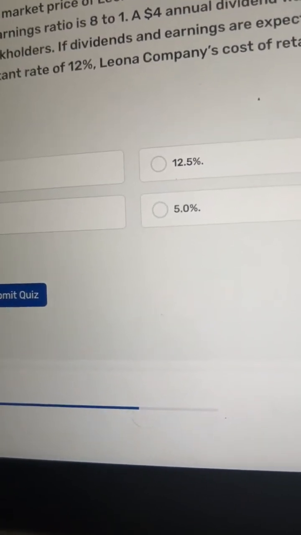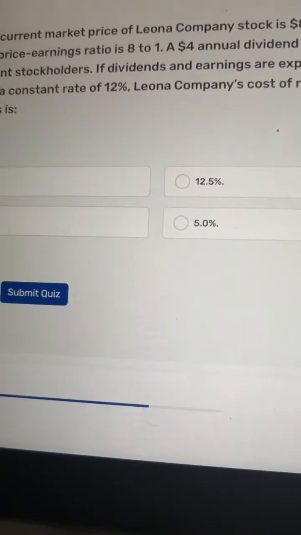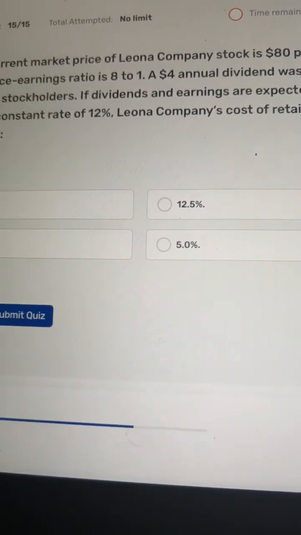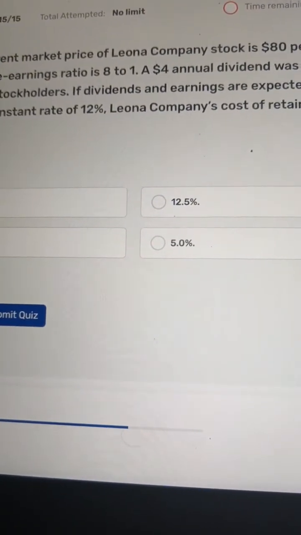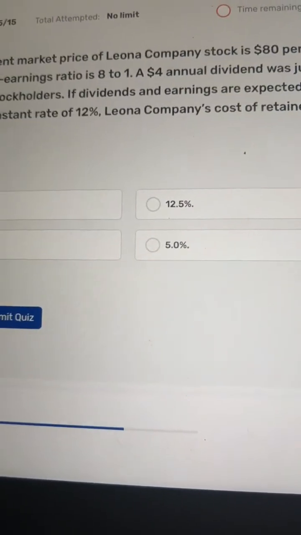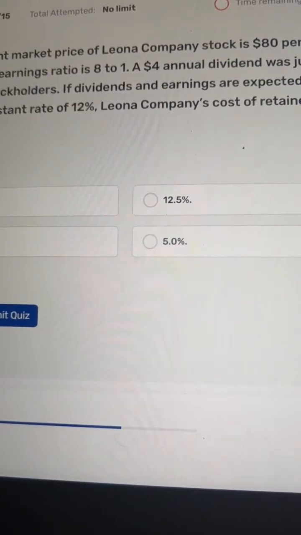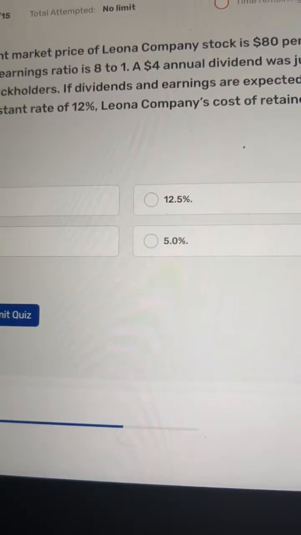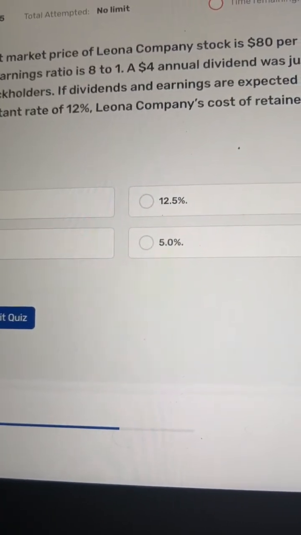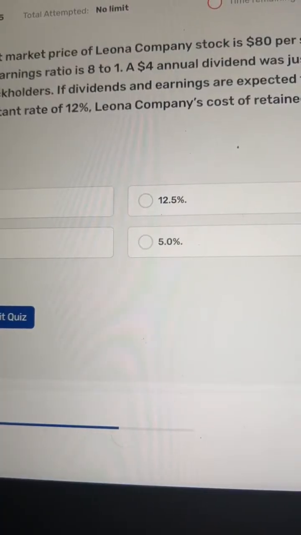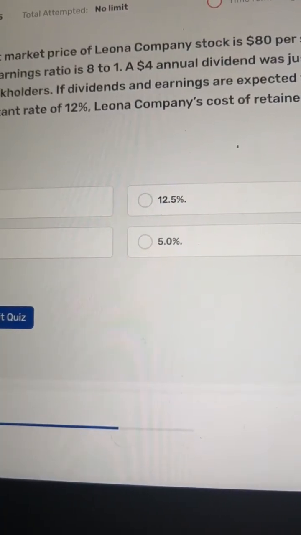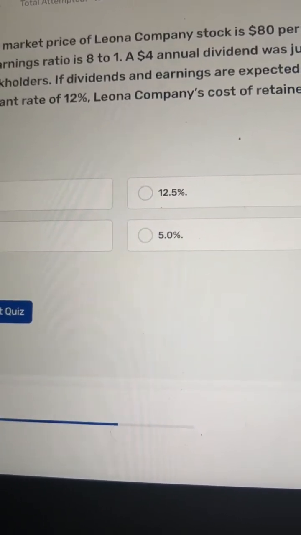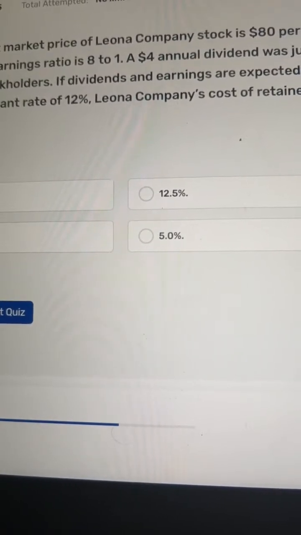Here we need to calculate the discount rate, meaning cost of capital, right? Cost of capital needs to be calculated, and expected dividend is already given, and the market price of the stock per share is given, 80. 80 equals dividend 4 given, and 1 plus growth rate, already given 12%, 1.12, divided by discount rate x, we don't know the discount rate, minus growth rate 0.12.